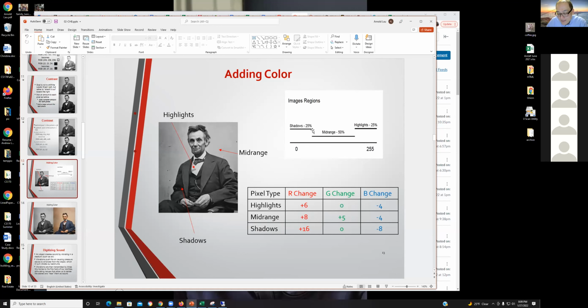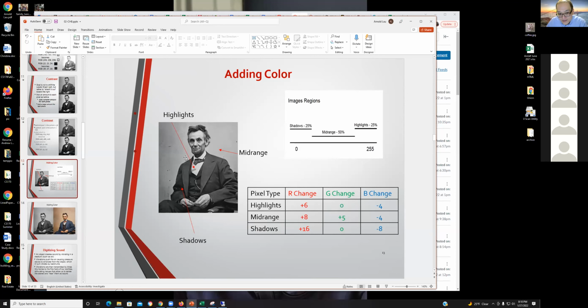They happen to identify shadows as this part here, the mid-range here, and the highlights here, okay? Based on that range, they'll apply these values to shift the red, green, and blue within those ranges.